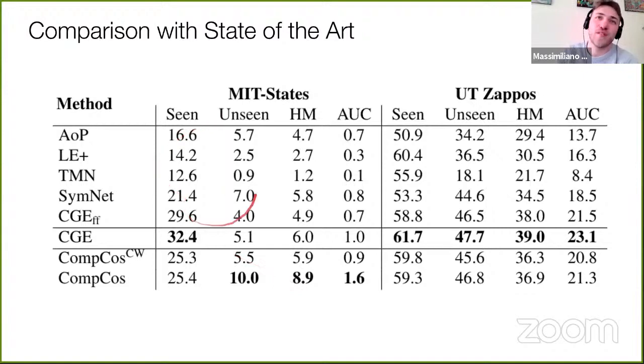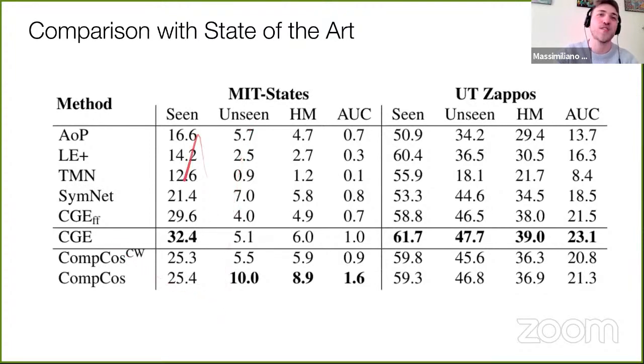And for mixed states, though, which is at an intermediate level between being all feasible as in Zappos and having a lot of possible unfeasible combinations as in C-GQA, our CompCos model is very, very good. Actually, it achieves an AUC of 1.6 that is even superior to the one that you would obtain with a naive application of the graph-based approach to this scenario.